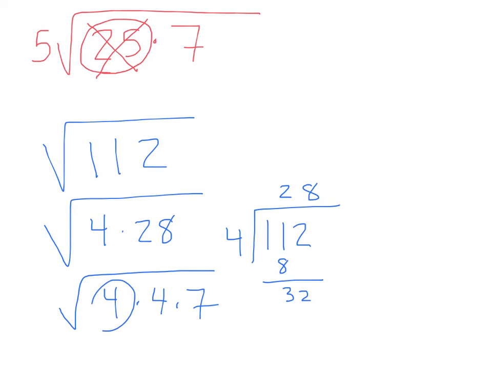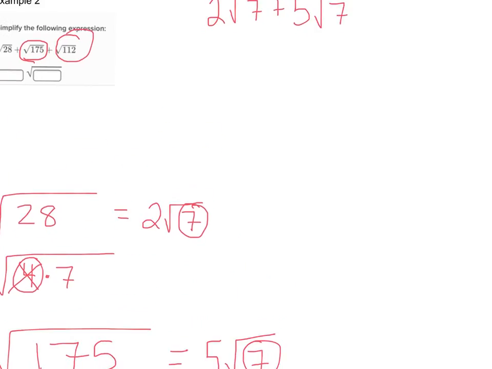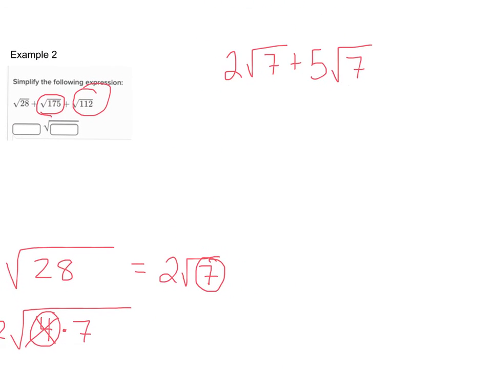Well, look, I've got a perfect square here and here. The square root of 4 is 2, and the square root of 4 is 2. So on the outside, I have 2 times 2, which is 4. So the square root of 112 is the same thing as 4 square roots of 7. So let's go back to the top and write plus 4 square roots of 7.